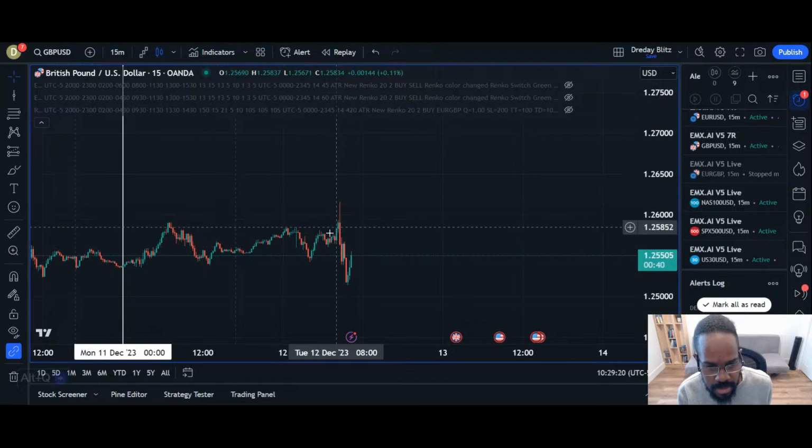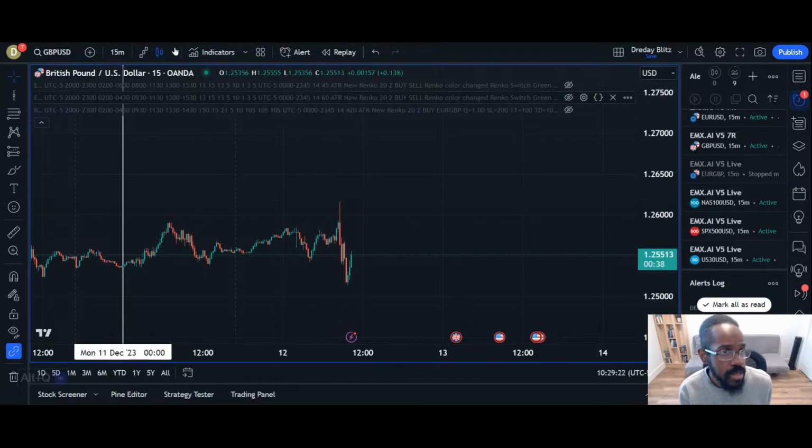So the move was done based off of news. To be able to have an actual bias for the direction of the movement before the week, we need to see a rally up or rally down. So it needs to do a move to give us the expectation of where the market will go.